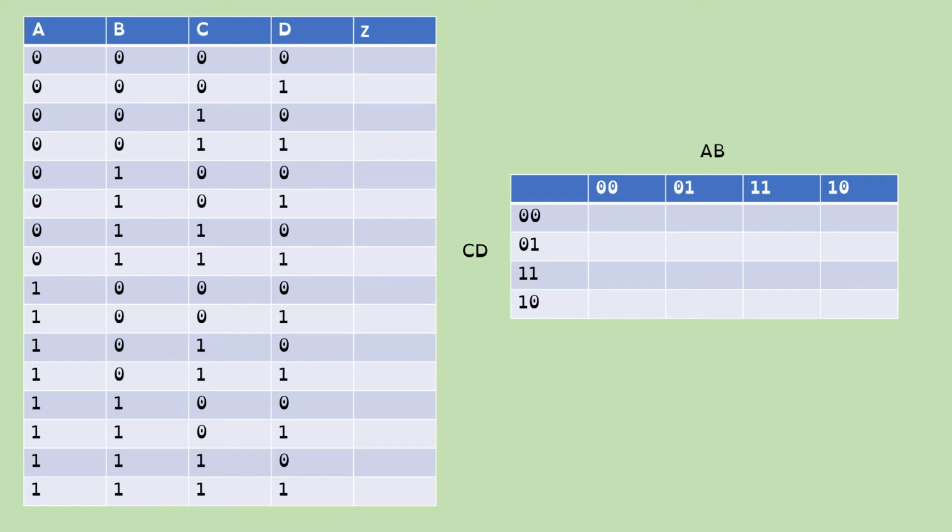The columns are going to be the AB values, and the vertical set is the CD values. For AB you've got 4 different values that you might have, and for CD, you've got 4 different values. And we're going to put the Z, which is effectively the result, inside this table. So it's AB versus CD.